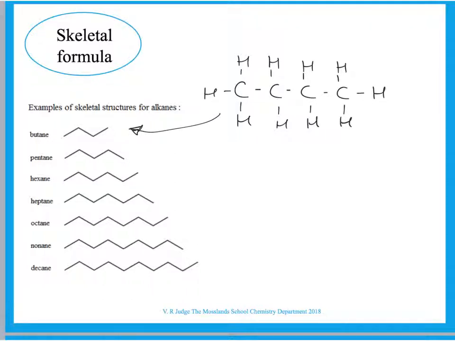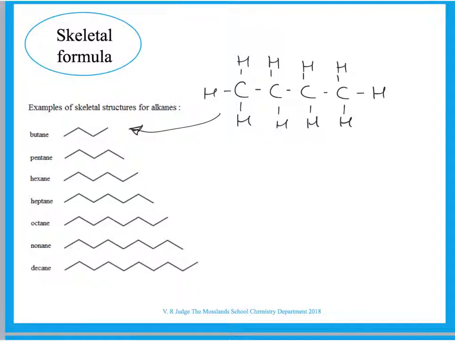It's just drawn as displayed formula or skeletal formula. Now you should be able to see straight away the benefits of drawing in skeletal. It's just so much quicker, so much easier. If you've got to draw something very complicated like a drug that you're trying to synthesize in a lab, you're going to want to draw it in skeletal formula because it'll take you forever drawing out bonds and hydrogen atoms. So it's worthwhile. It just looks a little bit odd at first.